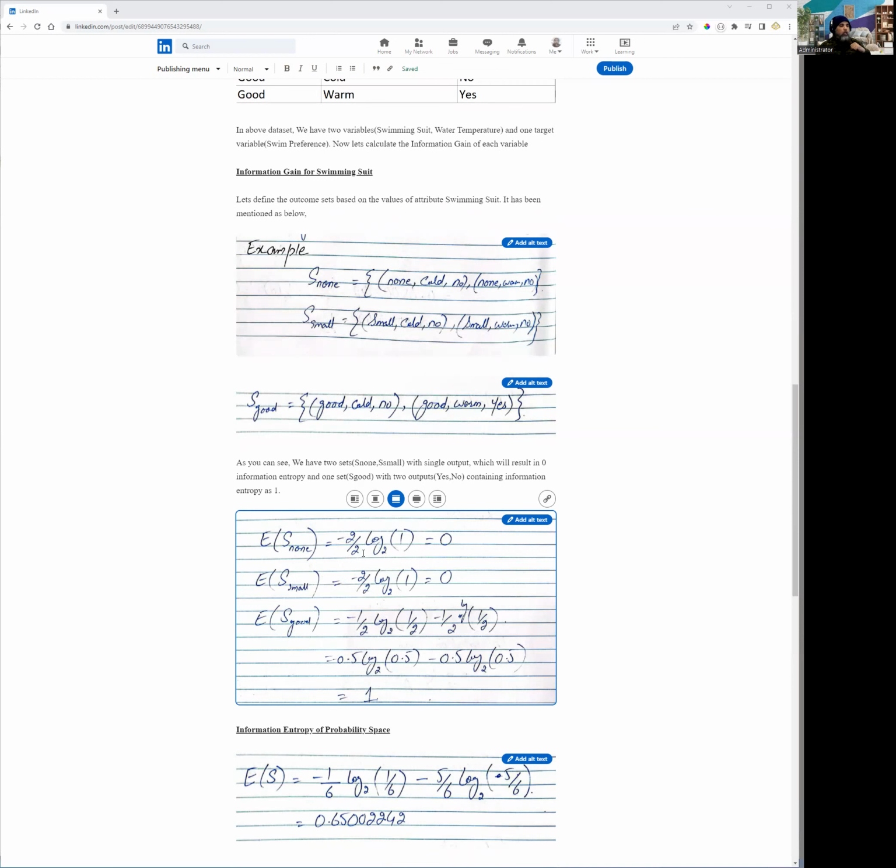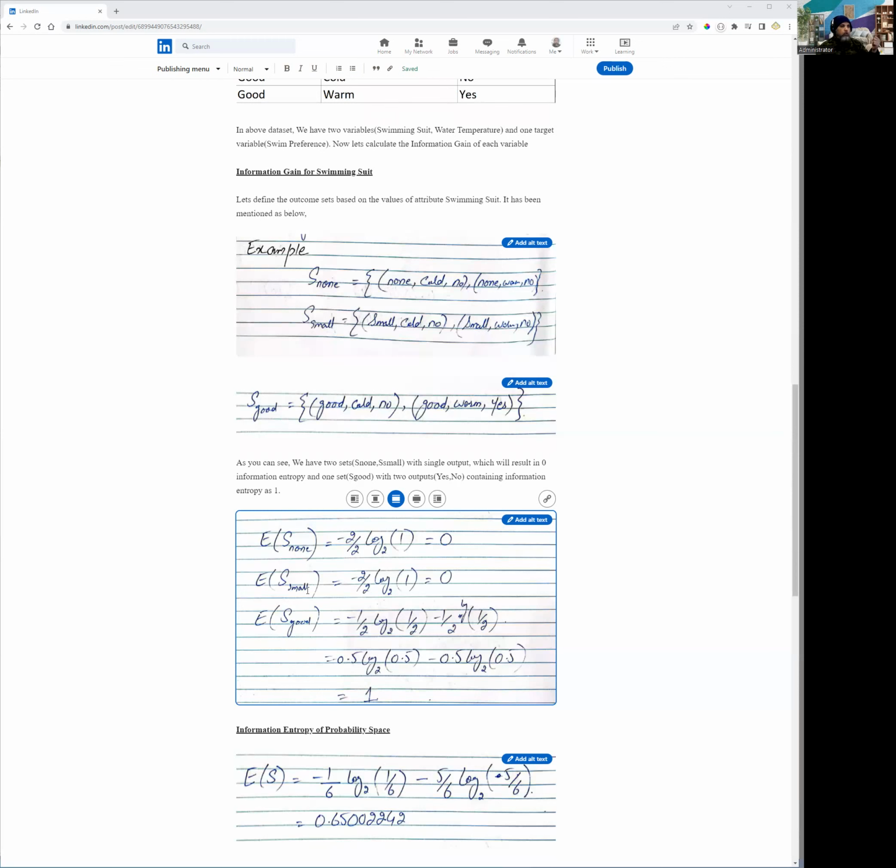Now, how are we going to calculate the entropy? Entropy is obviously going to be the probability of the outcome multiplied by the log, summed over all the values. But here you can see we only have one outcome, which is no. So log of 1 is always going to be 0. Regardless of whatever value is outside, we can safely say the entropy is going to be 0 in this case.